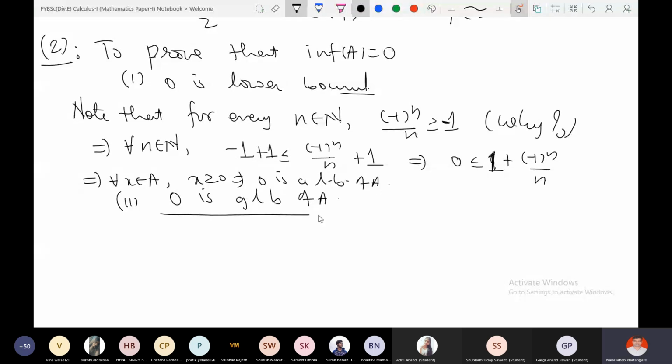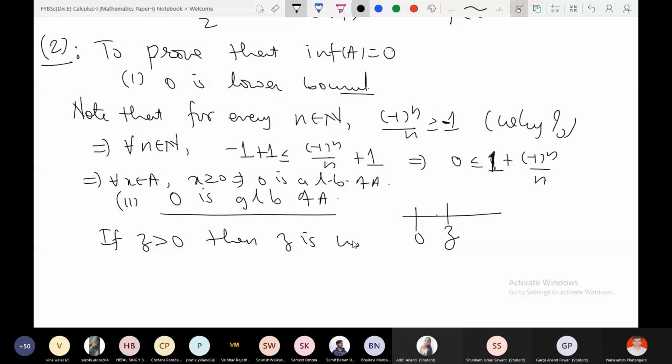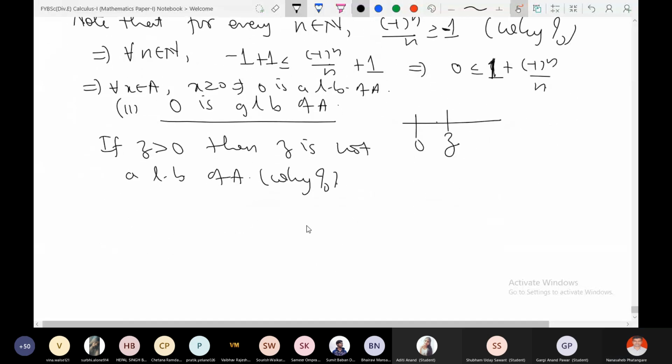And why is it the greatest lower bound? If I take some z greater than 0, then z is not a lower bound of A. Do you understand why? Yes, sir. So why is z not a lower bound?